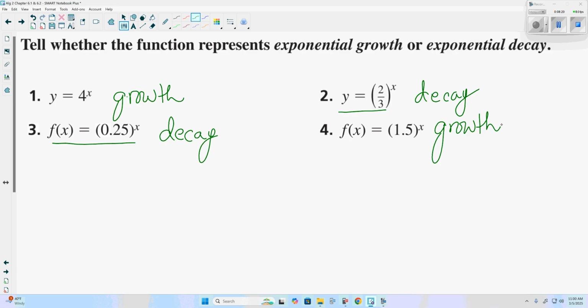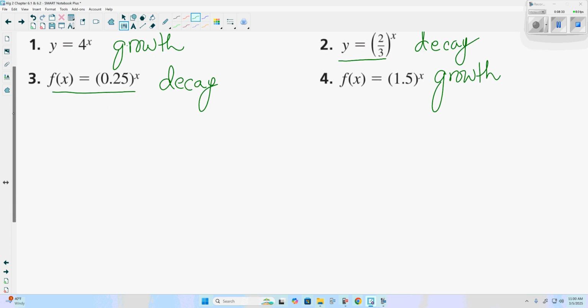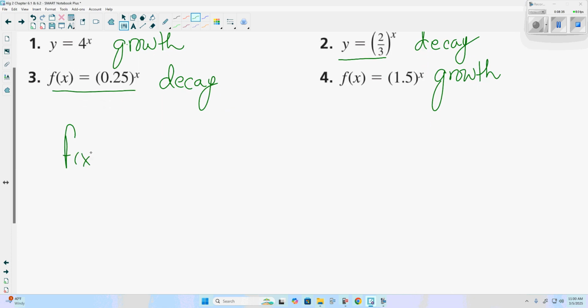Because if the base is greater than 1, it's exponential growth. If it's between 0 and 1, it is decay. Then it's neither, because if we had f of x equals 1 to the x, the graph of the function would actually be this flat line here.